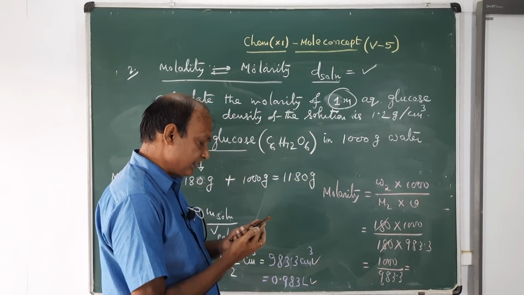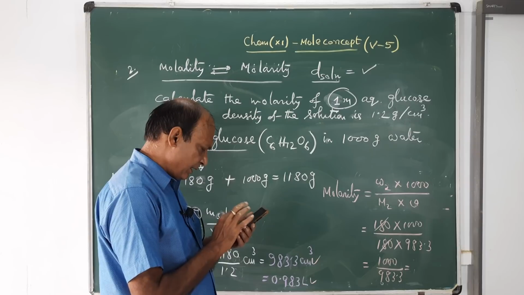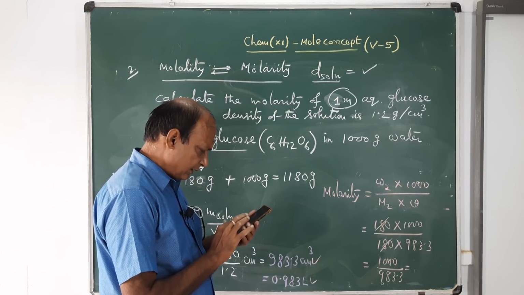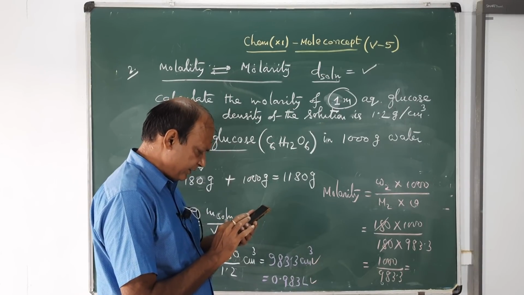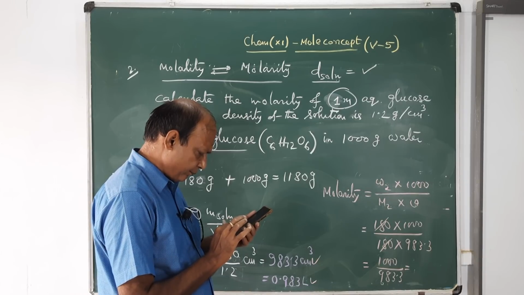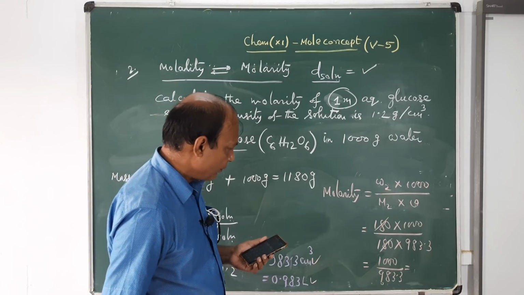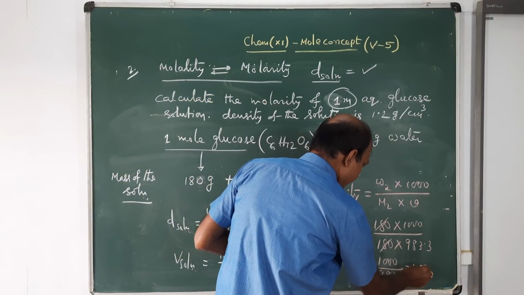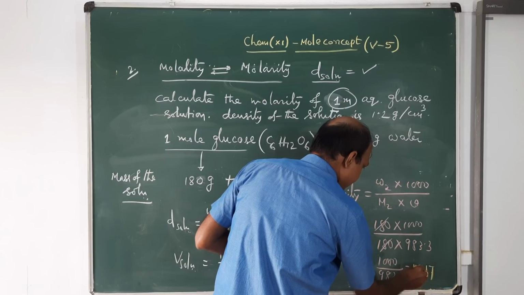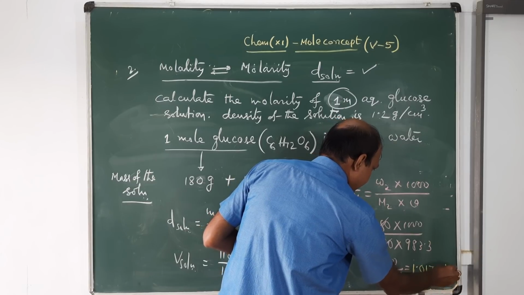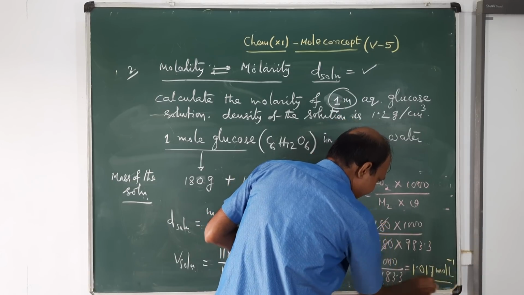The answer is 1000 divided by 983.3, which is 1.017 mole per liter. This is the answer.